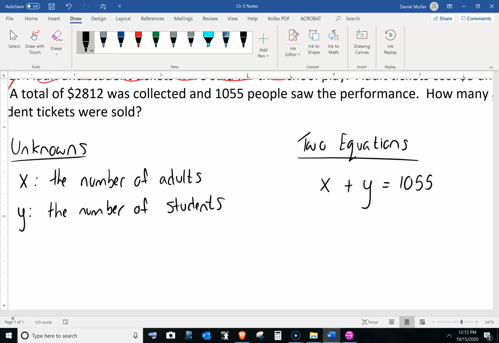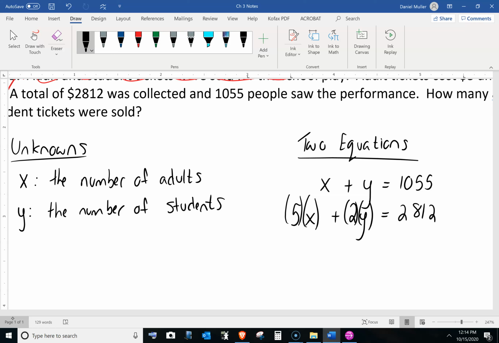We also know a little bit about the price. So we don't know how many adults there were, but we know that it cost $5. So if we times it by 5, however many adults each paid $5, plus however many students each cost 2. So every $5 times however many adults there were, $2 times however many students there were, we would get a total of $2,812.